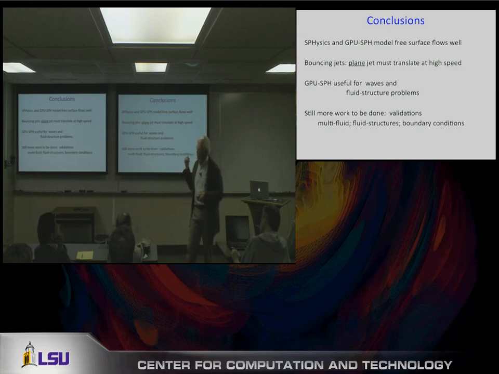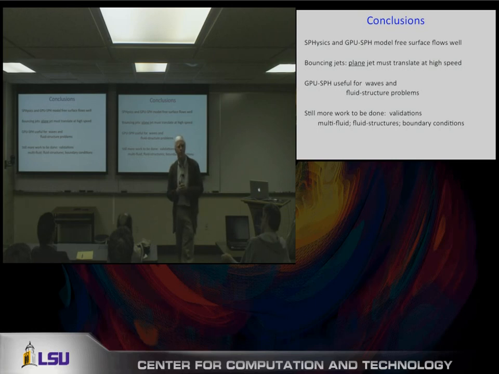I should say we also have an LES viscosity, so we can do laminar viscosity or a very simple LES viscosity. We're working on dynamic LES right now, so we'll have better viscosity models. There's work going on in France on better boundary conditions. We're doing the multi-fluid and the multi-machine work. Those are going to be done in the next year or two.